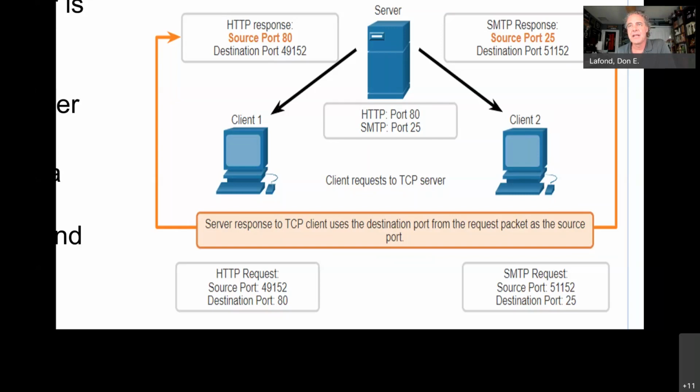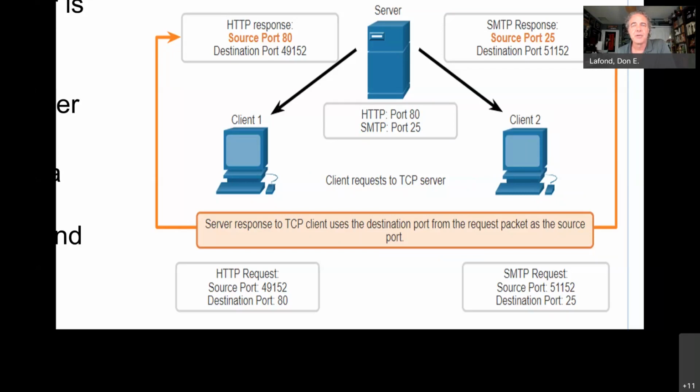On the other side, client 2, the server can handle more clients. The server is talking to this client, and this client is asking for an SMTP request. It's using 51,152, again in that upper range, and its destination is port 25, which is SMTP. So the client is requesting using this socket for SMTP. This client is requesting using this socket for HTTP.